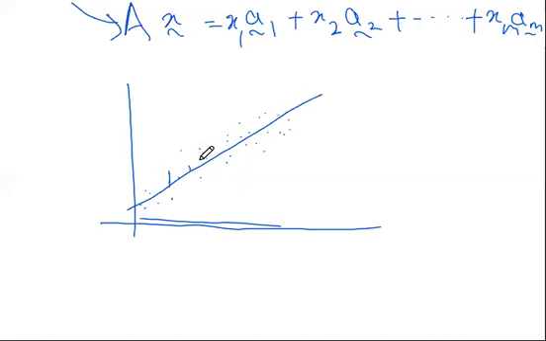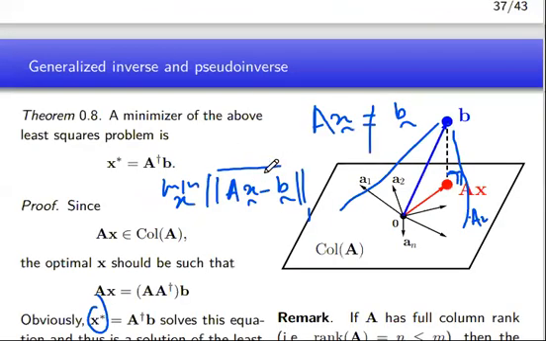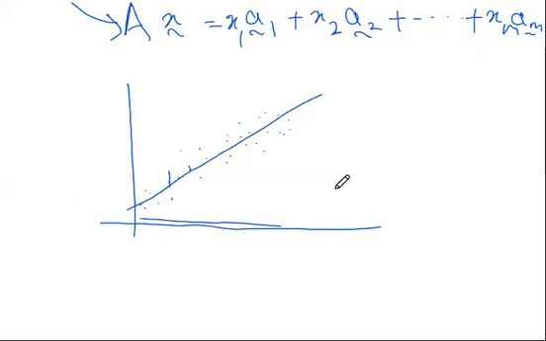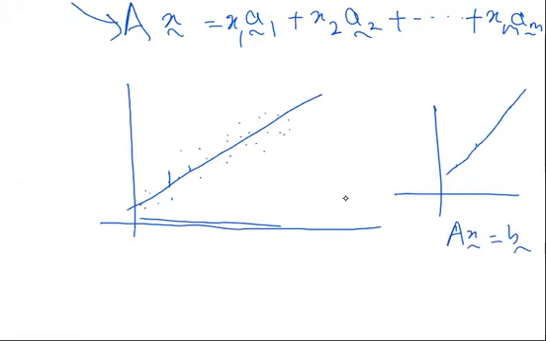If it were going through all these points, then Ax equals b exactly, and you could find this straight line. But here you cannot find a line which passes through all points, but we can find a baseline that represents this data set. So that is this problem.